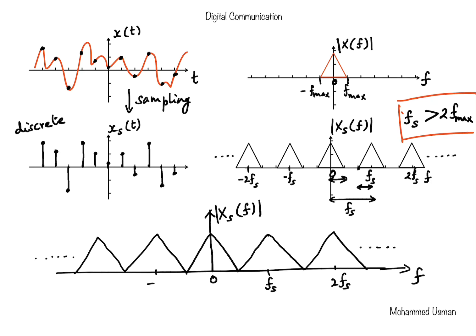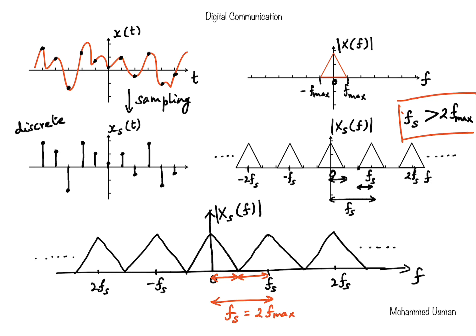So that's fs, 2fs, minus fs, minus 2fs, and so on. Because this distance is equal to f max, and this is also equal to f max, fs is exactly equal to 2 times f max. So the spectrum shown here corresponds to a sample signal where the sampling rate is exactly equal to the Nyquist rate 2f max.